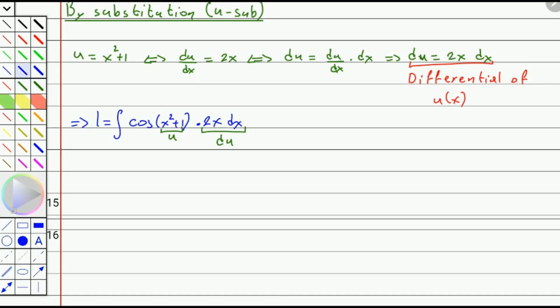So let's do the substitution. Equals the integral of cosine u times du, and this is now a basic integral that turns into a sine.